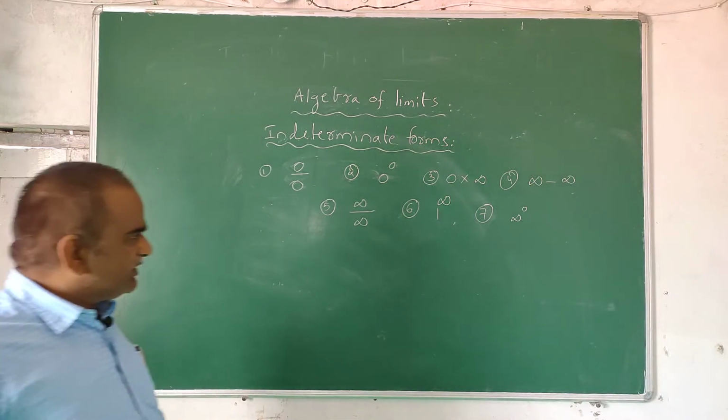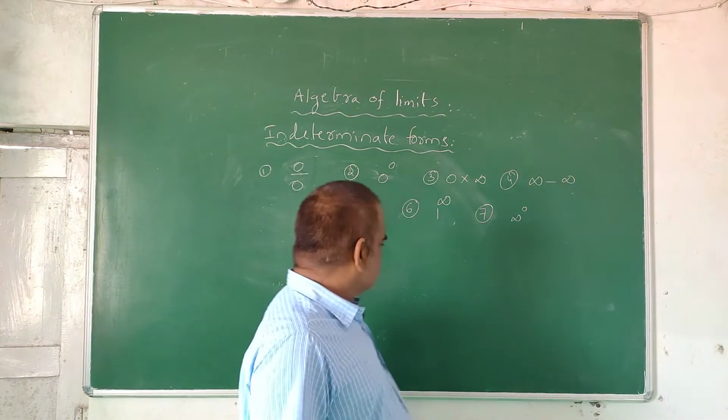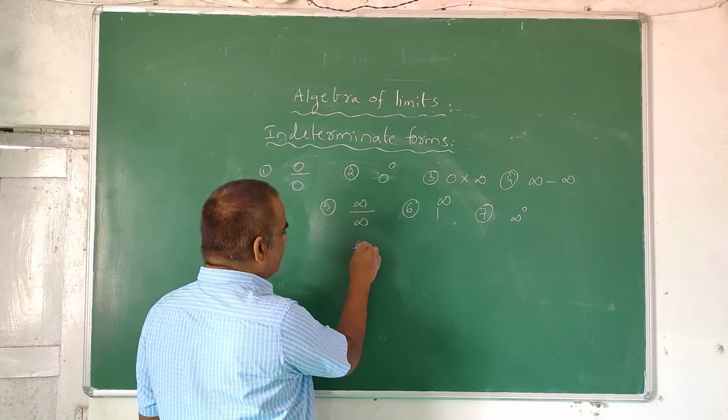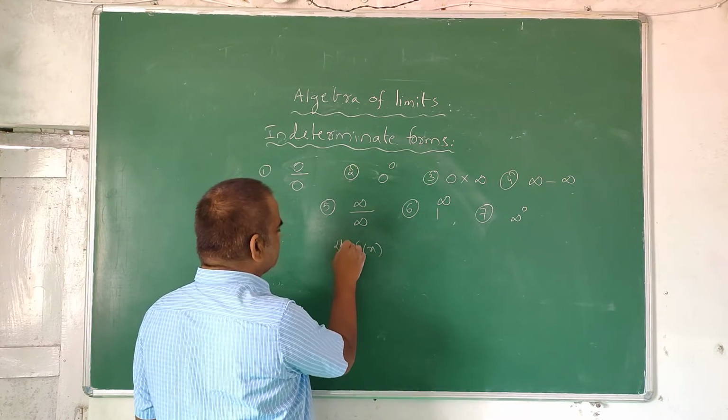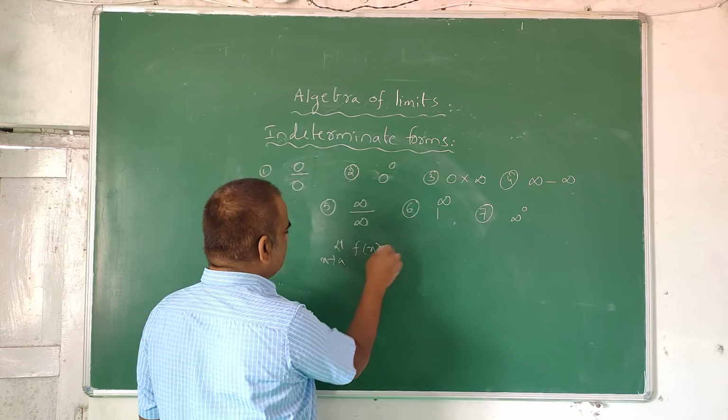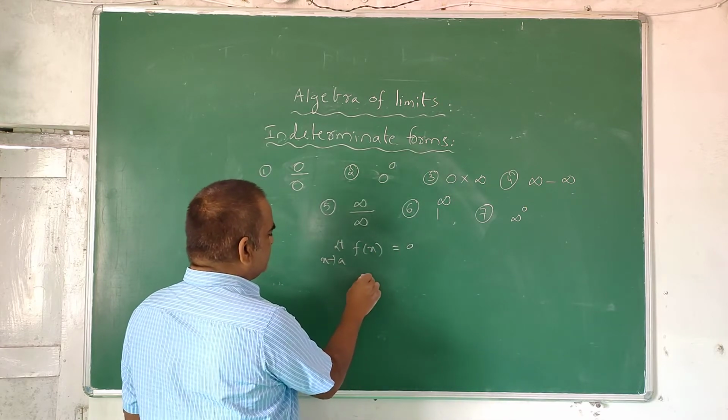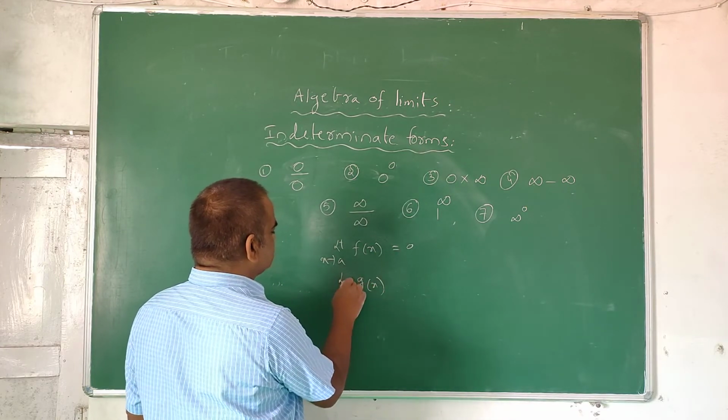Okay, so see, for example, suppose the limit of f of x as x tends to a is 0, and suppose the limit of g of x as x tends to a is 0.